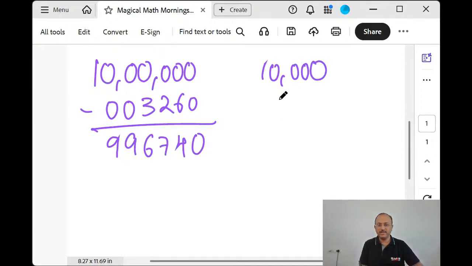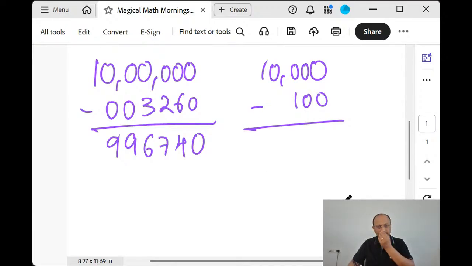Minus just 100. Simple one. Only in simple ones we may tend to make a mistake. Be careful. Yes.